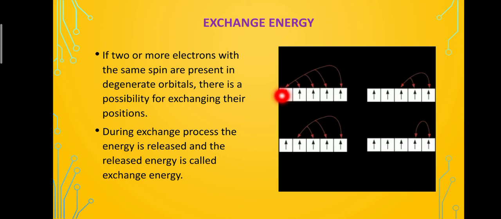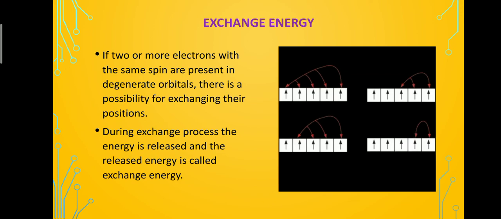So this electron can go and exchange its position here, and here. During this exchange, energy is released, and that energy is called exchange energy. And more exchanges are possible in the case of half filled and fully filled configurations.